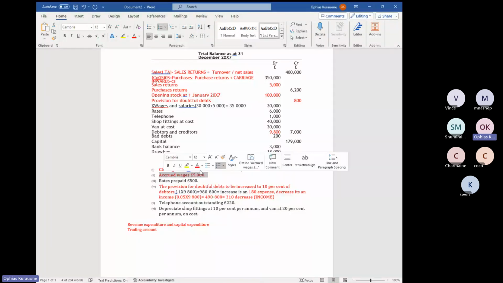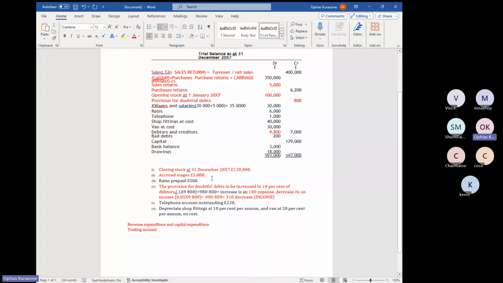This one will be recorded again as a current liability in the statement of financial position. Then, because it was not paid, it is accrued.